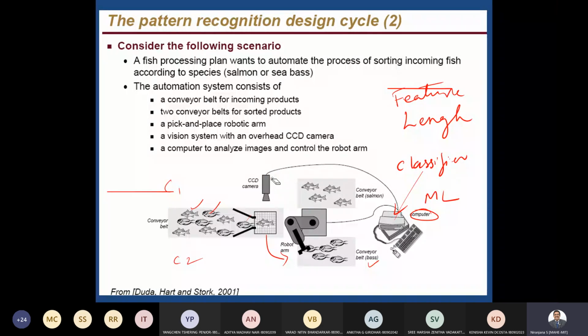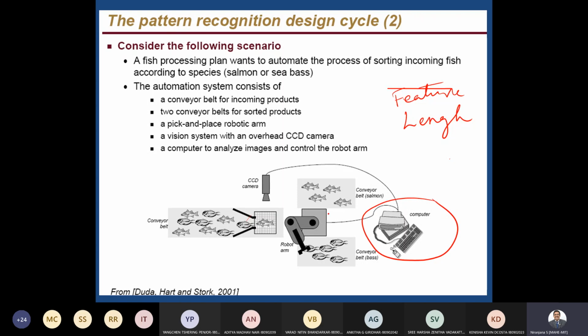So it is finally trying to do some automation, right? Automation procedure, or it will try to automate the fish industry, where you will have some intelligent system here and a robotic arm here, and the decision will be taken by this.